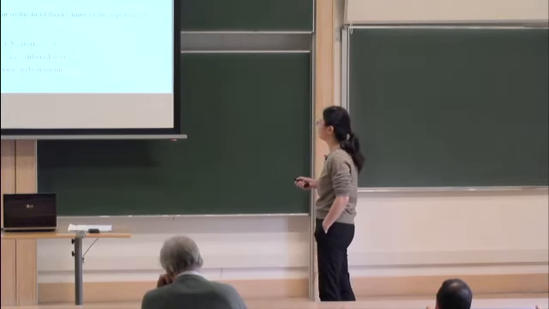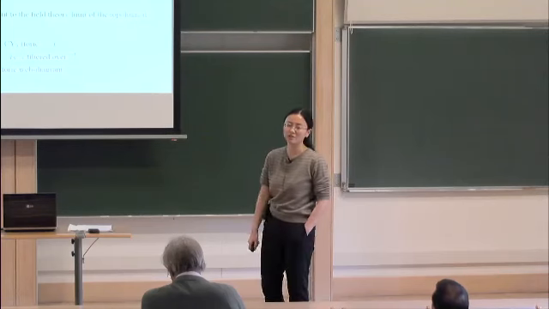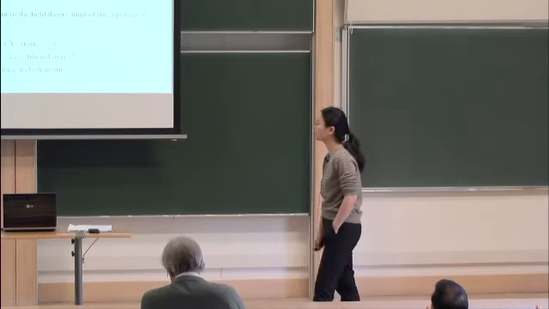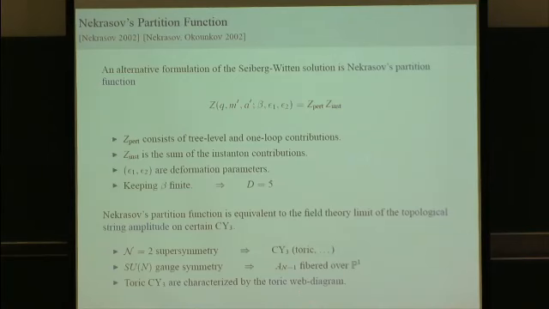So Calabi-Yau manifolds of this form are toric ones, they belong to the toric category. And toric Calabi-Yau manifolds are characterized by a toric web diagram. So from now on, I will drop the name web and just call them toric diagrams.